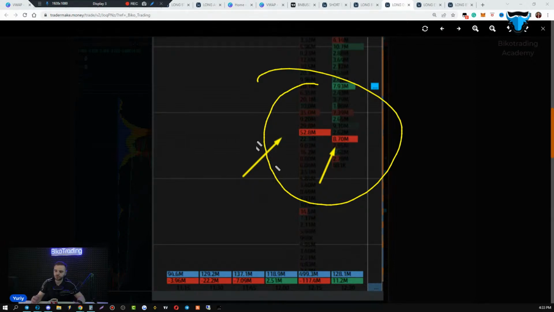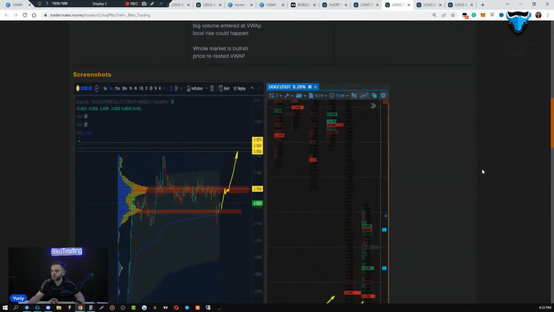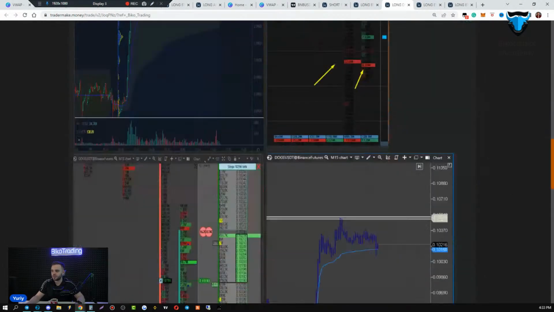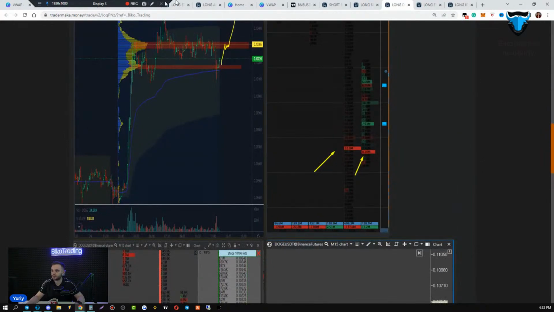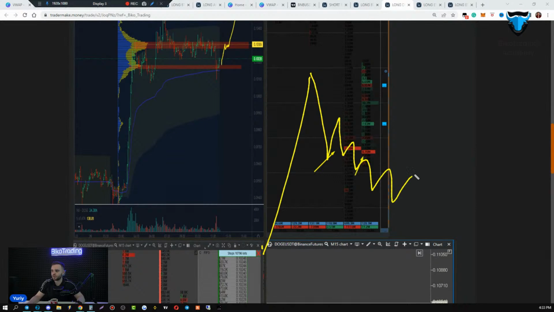That's an example for you. When you have a powerful trend day, VWAP can work as powerful dynamic support and resistance. Because sometimes, what's the problem? Sometimes you can see how price, for example, pumped, and after that it's slowly dropping and you don't have a level, something like that.